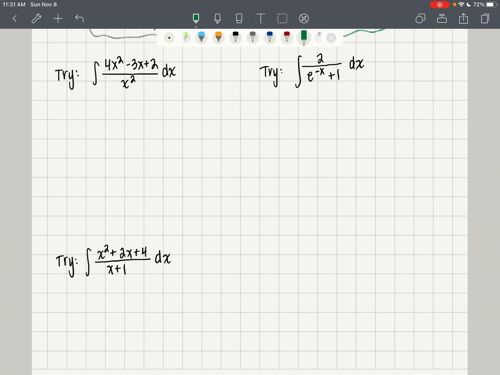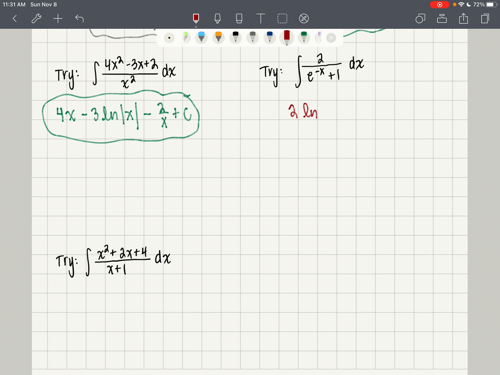Okay, for this first one, 4x minus 3 times the natural log of the absolute value of x minus 2 over x plus c. And this second one, 2 times the natural log, in parentheses 1 plus e to the x, or you can have e to the x plus 1.